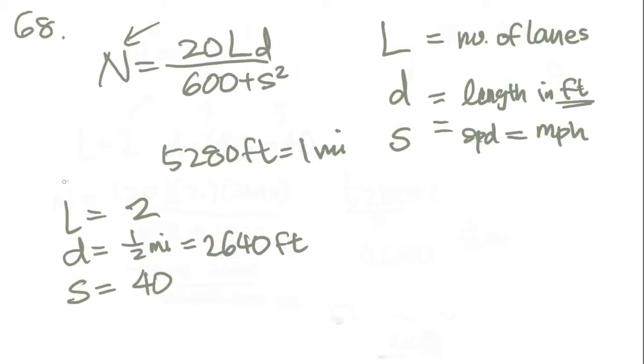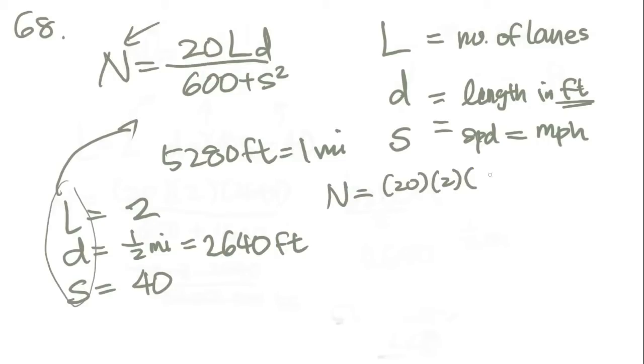So let's plug these into the equation and solve for n. So we get n equals 20 times 2 times 2640 over 600 plus s squared. S is 40. 40 squared is 1600. And on the bottom, it adds up to 2200.